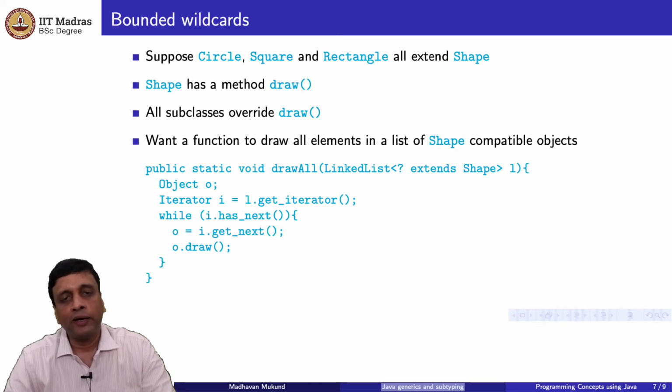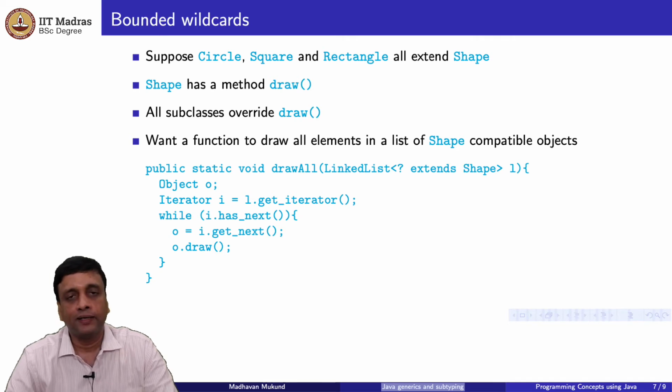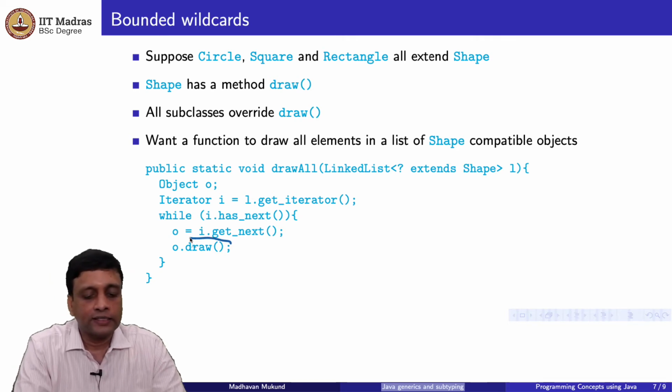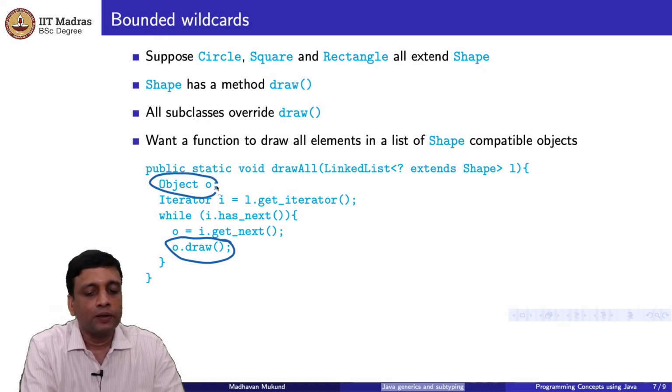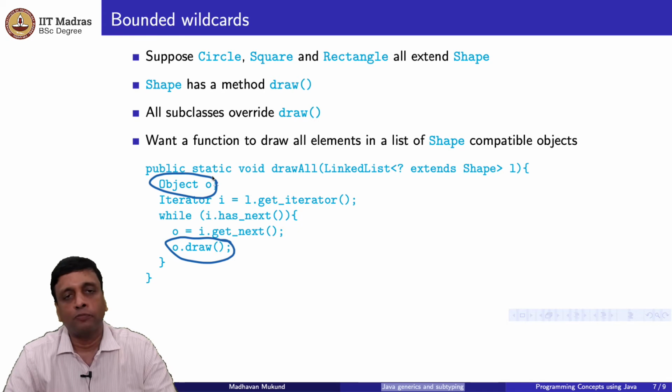In the same way that earlier we were just printing out an object when we used the print list command, here we have a drawAll command, and all it does is take an object and draw it. So we can use a simple variable of type Object to run through this list. All we need to specify is that the list itself is well typed so that draw is available.